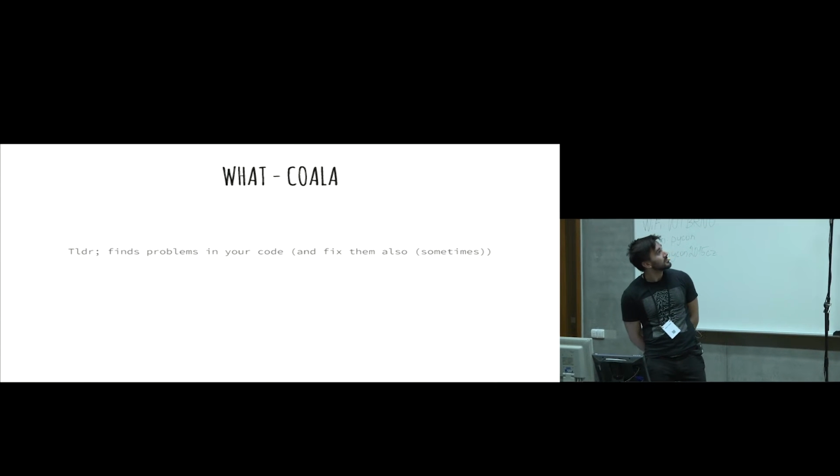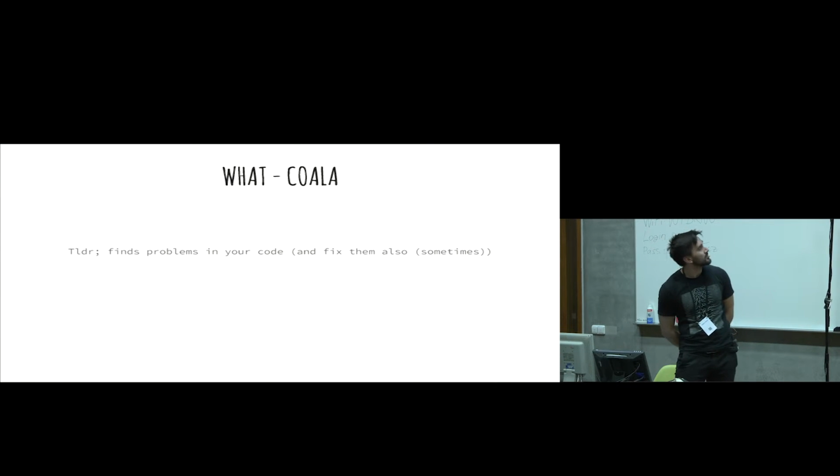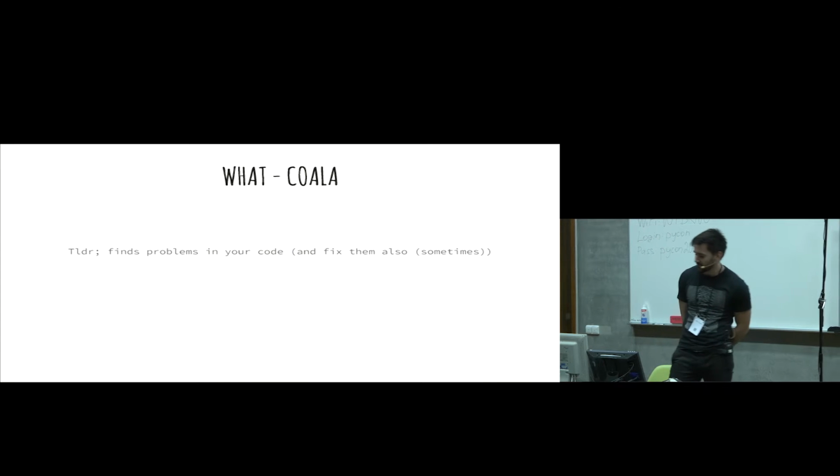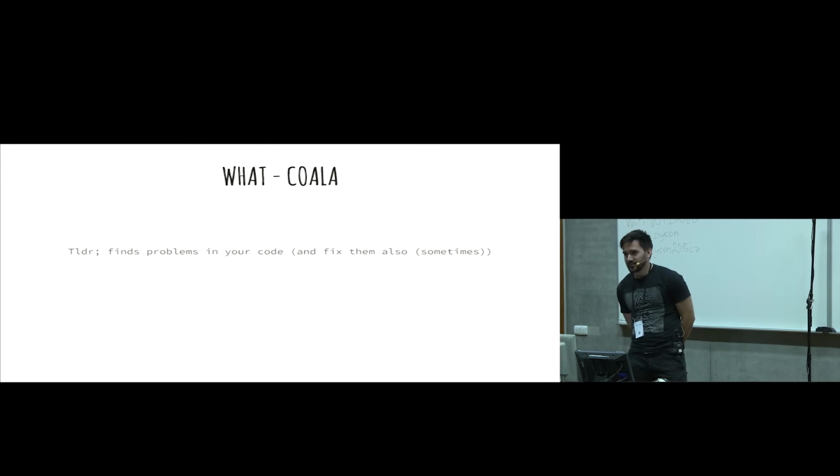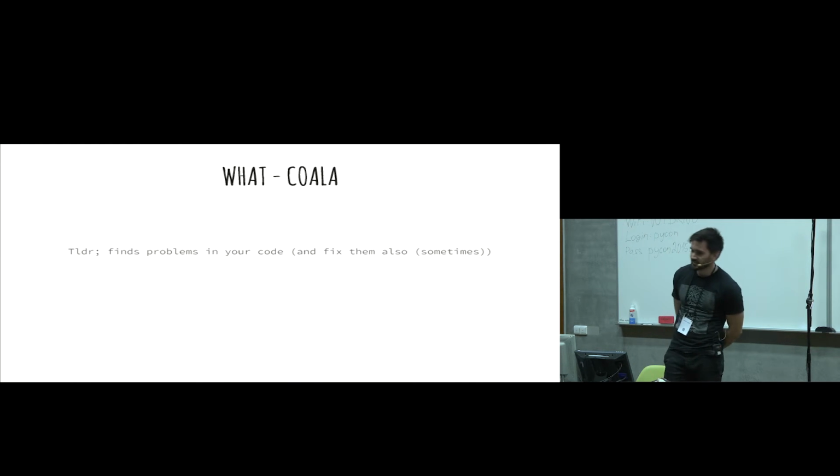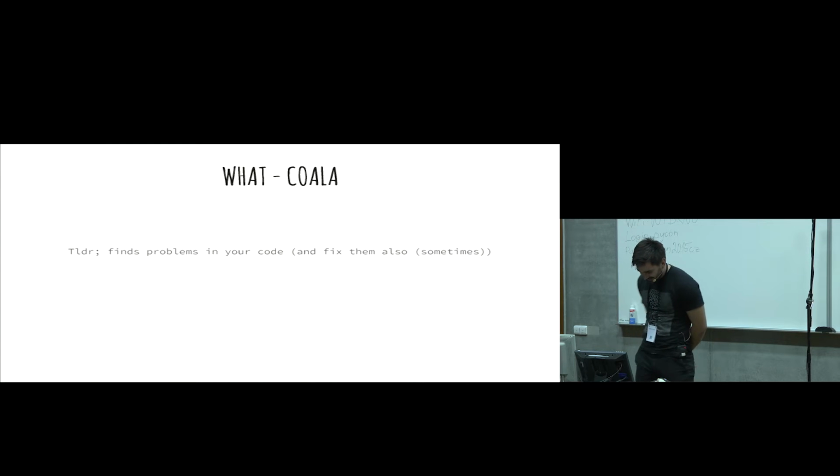So what is Koala? The TLDR about what Koala does is that it finds problems in your code, and sometimes also fixes them right away. And to be more verbose, so my presentation takes a longer time, I can tell you that Koala is a command line interface tool which checks your code against a predefined set of rules which you would like to follow for your code base and yields errors if it doesn't.